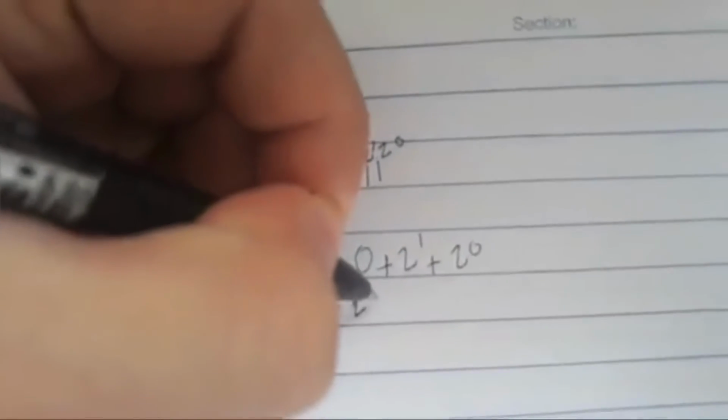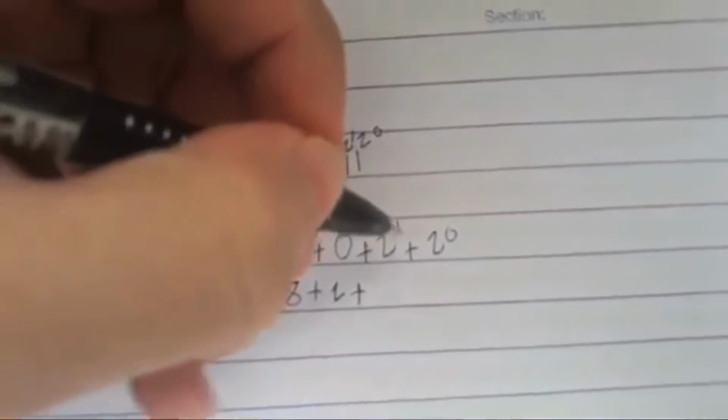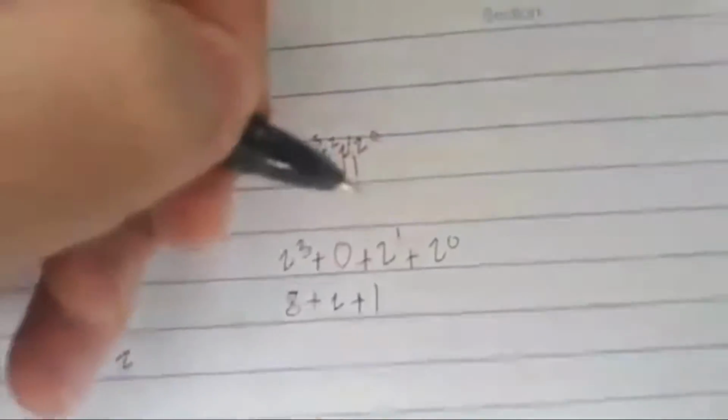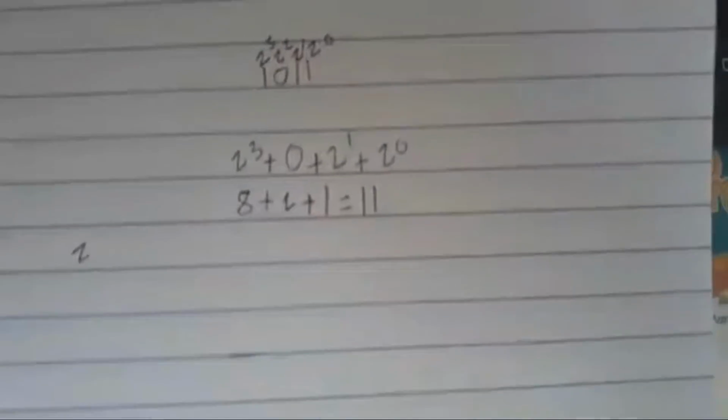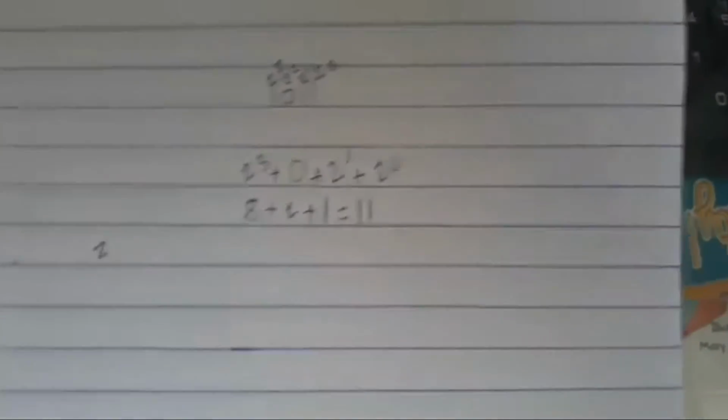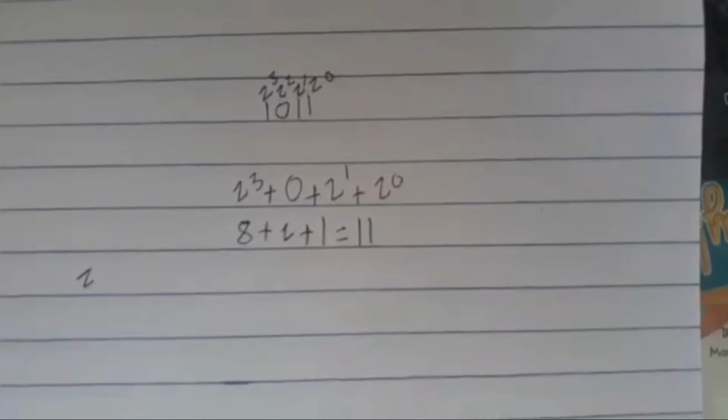Then we add 2 raised to the power of 0, the answer is going to be 1. Then the answer is 11. That is the answer to the example that I was given.